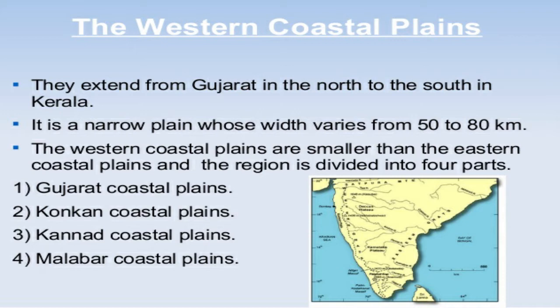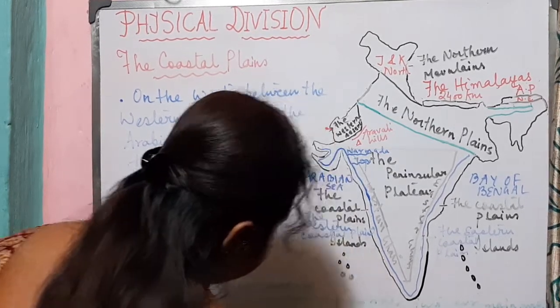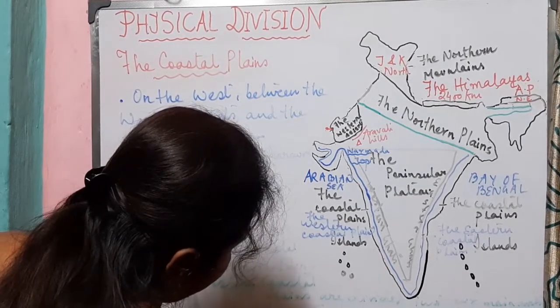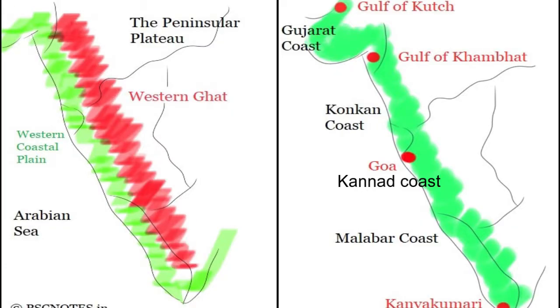The Gujarat coast in the north, the Konkan coast up to Goa, the Kannada coast from Goa to Mangalore, and the Malabar coast from Mangalore to Kanyakumari.